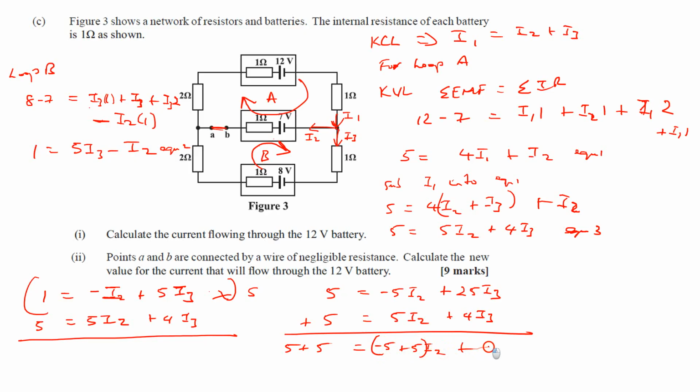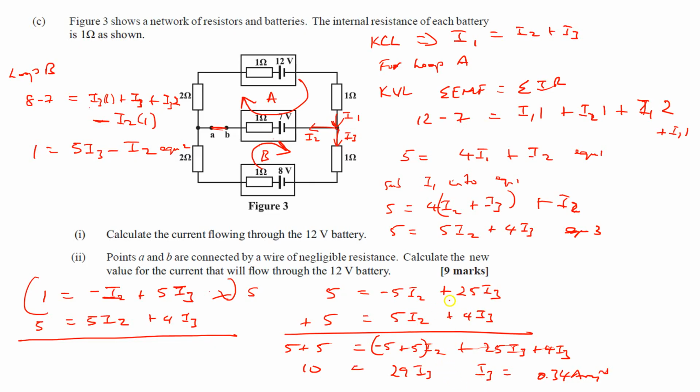Then I have 25I3 plus 4I3. So I have 10 on this side is equal to 29I3. All I need to do now is solve for I3. By way of transposition, I can see that I3 is equal to 0.34 amps.